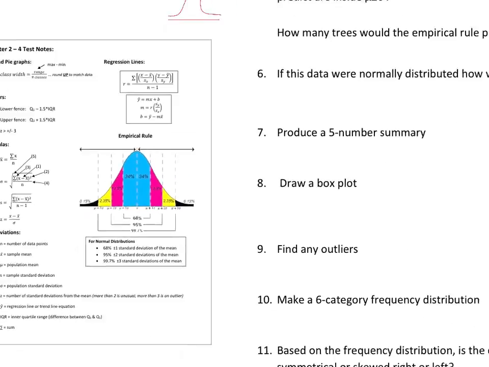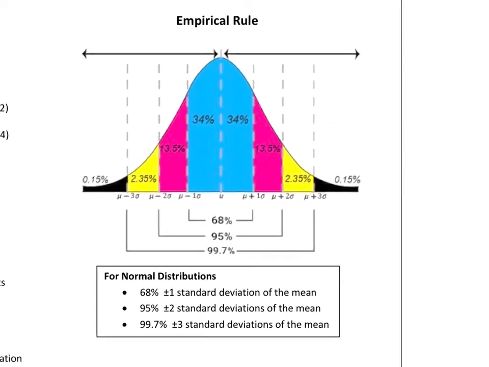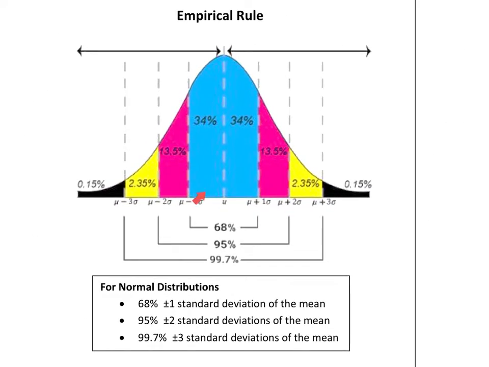The question here on number 5 is what percent would the empirical rule predict inside the mean plus or minus 1 standard deviation. So the mean plus 1 standard deviation, that's going up to here and down to here.